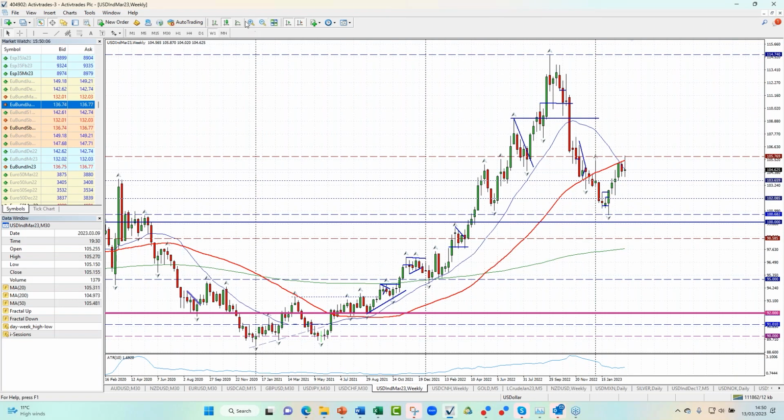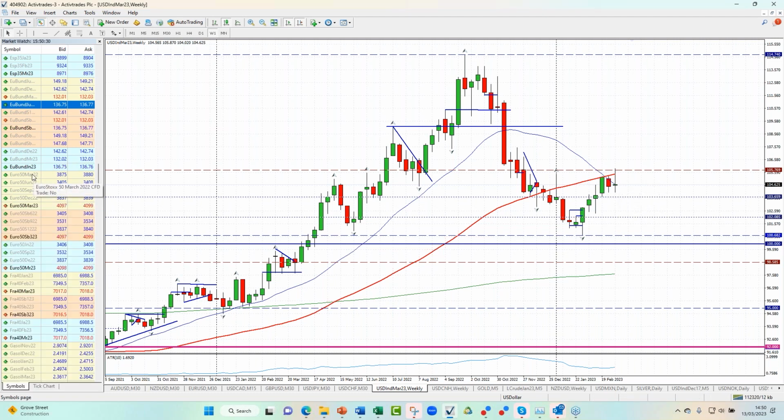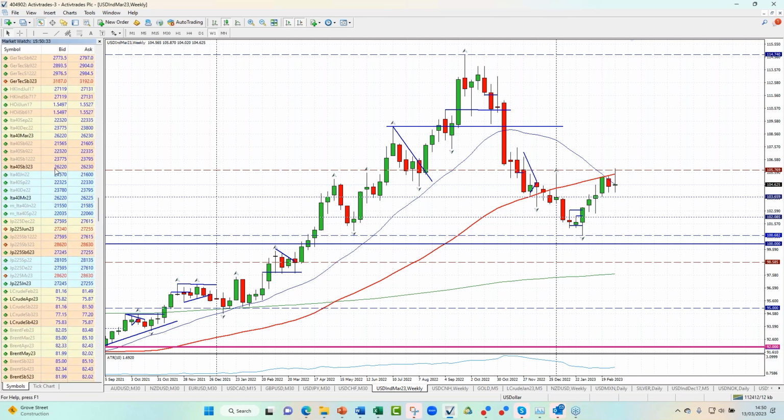Remember, the US dollar index is effectively the dollar against a basket of currencies, the majority of which is the euro, but all the other major currencies it trades against are in there also. We probably need to update our chart on this one, just maybe switching across to the June contract.